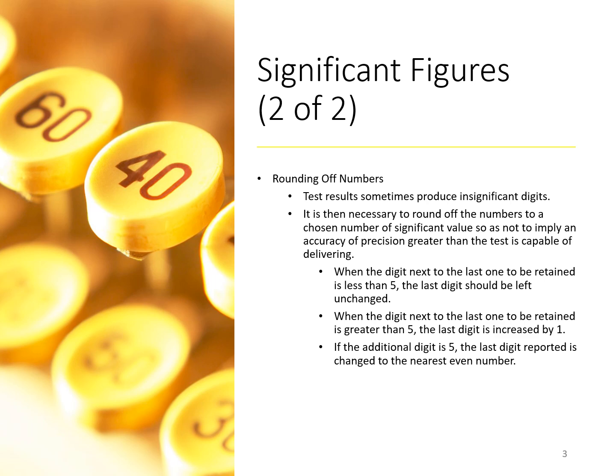When the digit next to the last one to be retained, in other words the significant figure that you're keeping, is less than 5, the last digit should be left unchanged. So that's your last significant digit. The example given in the book has 4 decimal places as the significant figure, with the value 2.13463.